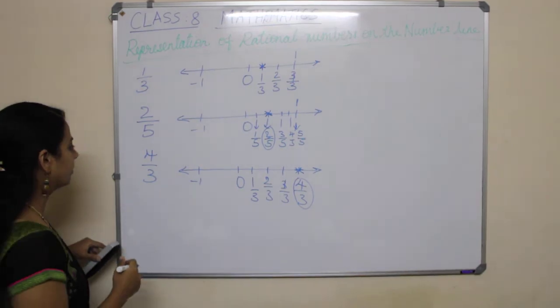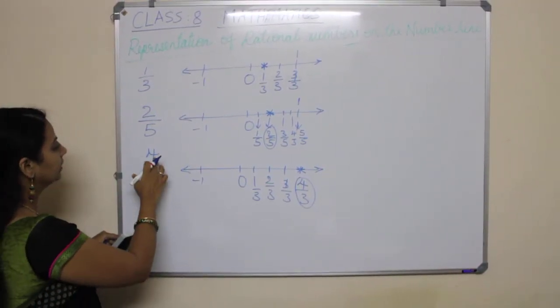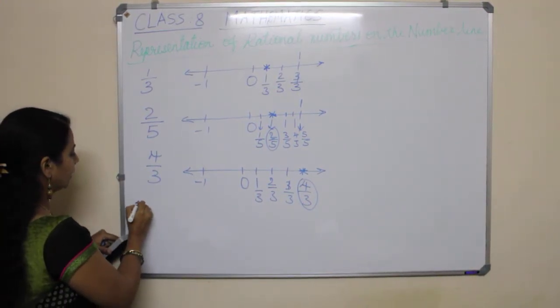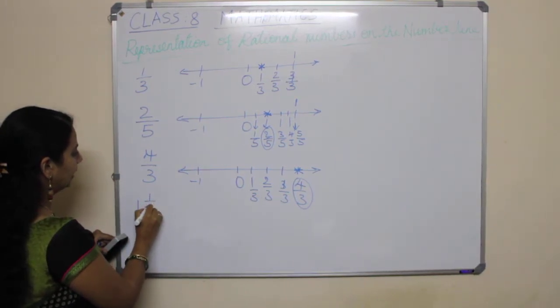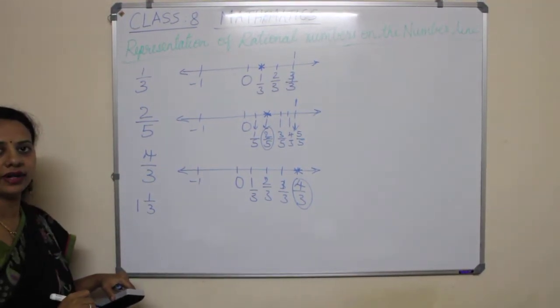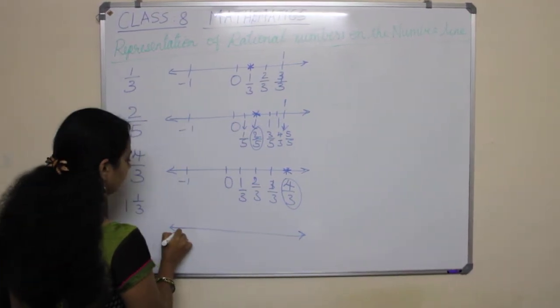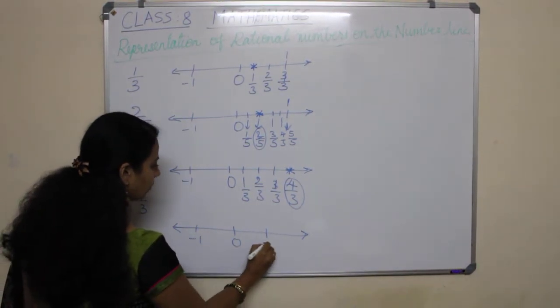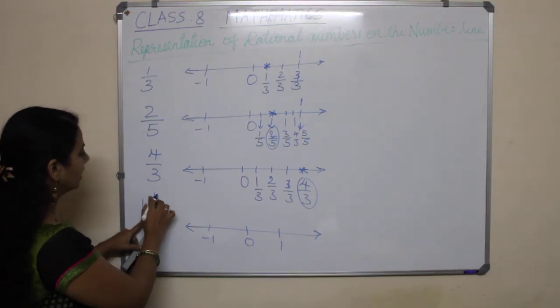One more way of representing. In this method, we will convert this improper fraction into a mixed fraction. So 4 by 3 is nothing but 1 and 1 by 3. Fine. So now this will be easier for you. So this is 1, this is minus 1. After 1 comes 1 by 3.